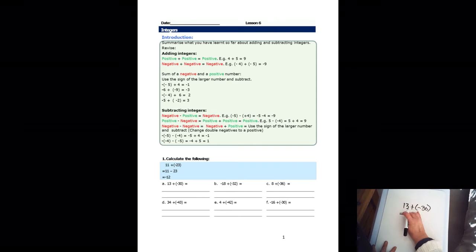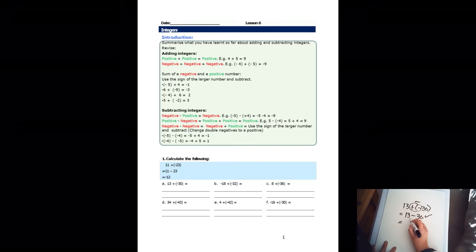Before I can do this sum, I've got to say, hang on, plus minus, and if I multiply this, because they're brackets, a positive and a negative gives me a negative. So 13 minus 30.